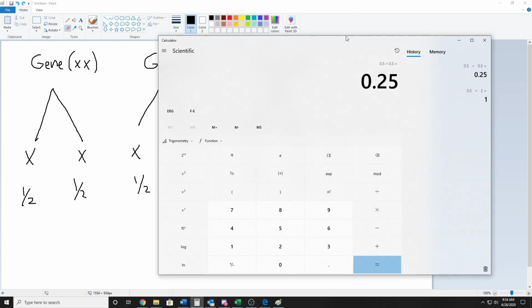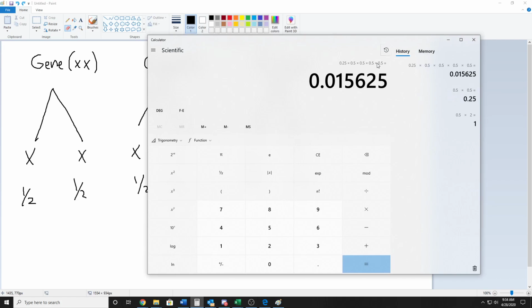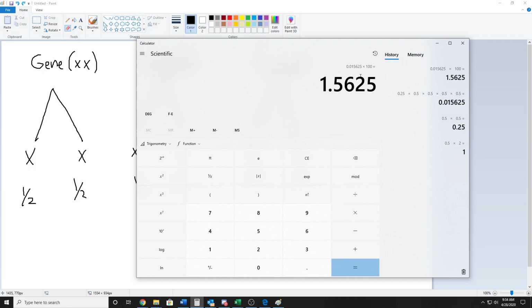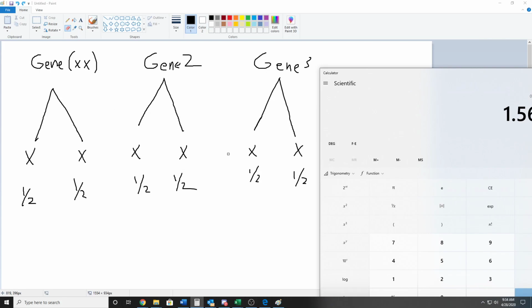We have to do that 4 more times. So 0.5 times 0.5 times 0.5 times 0.5 equals 0.015625. I'll multiply this by 100 to give us the percentage. So a 1.5625% chance of getting a very specific combination of genes.